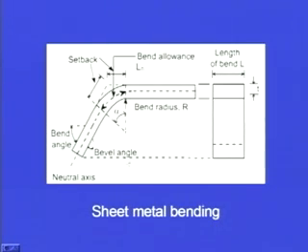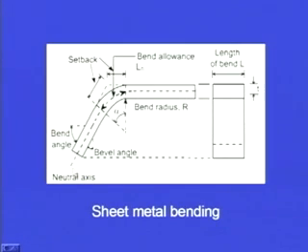There is another angle, the bevel angle, that has been provided. As we have already discussed, there is a graduation from compression to tensile or from tensile to compression, and on both sides of the neutral axis we will have compression and tensile states of stress. So, where is the neutral axis? It has also been depicted in this sheet metal.